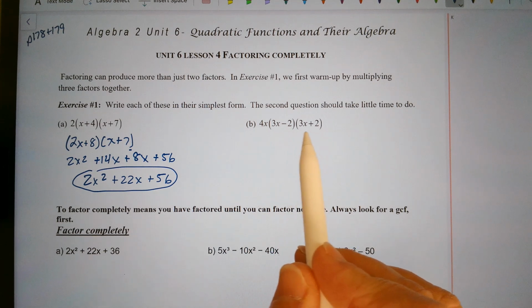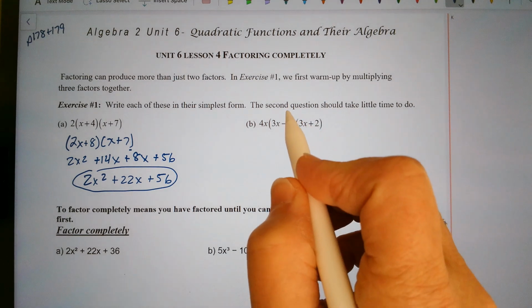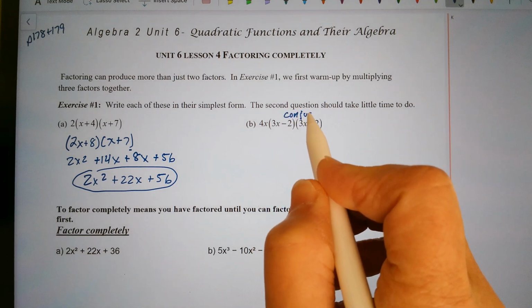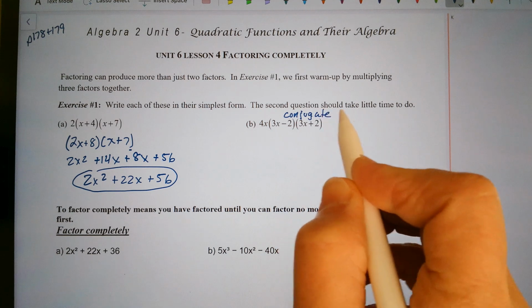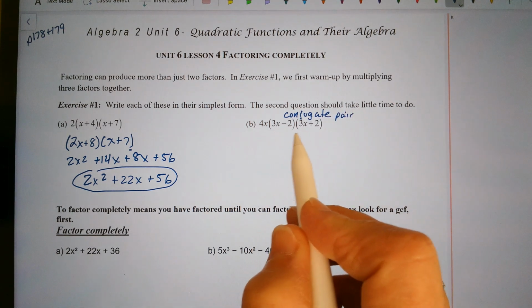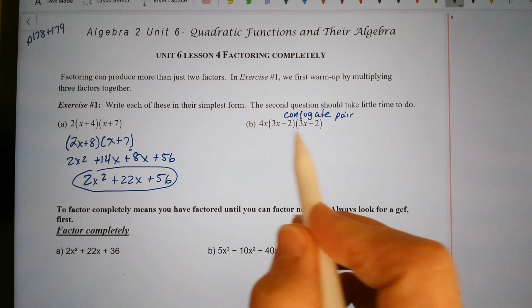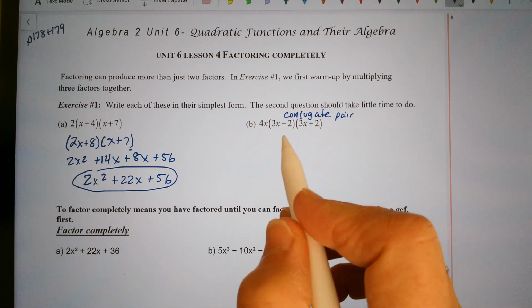Well, notice the binomials here are conjugate pairs. So if we were to multiply these, in fact that's what I'll do first, is multiply the two binomials, which are conjugate pairs.